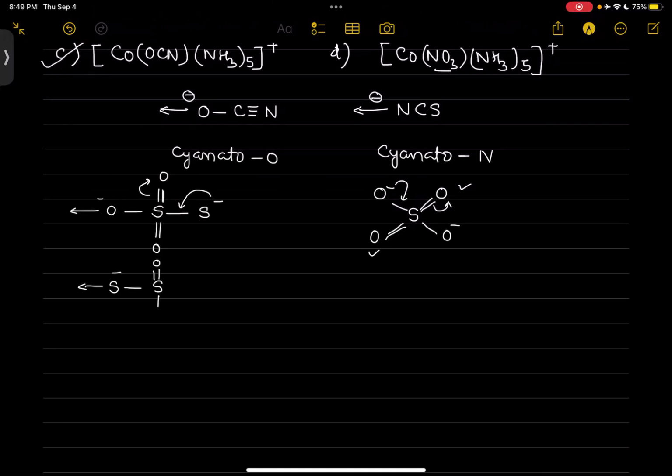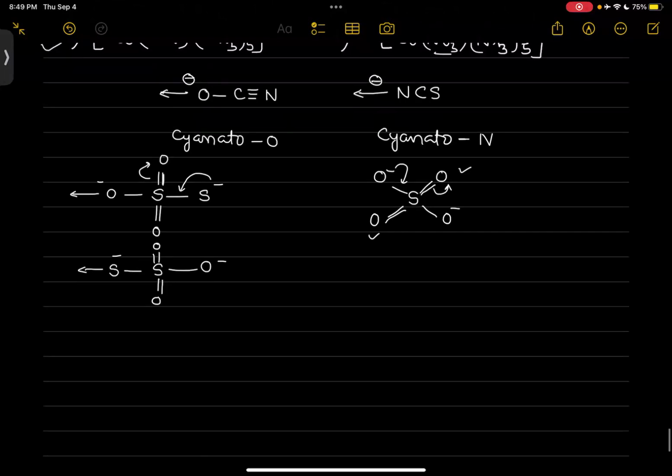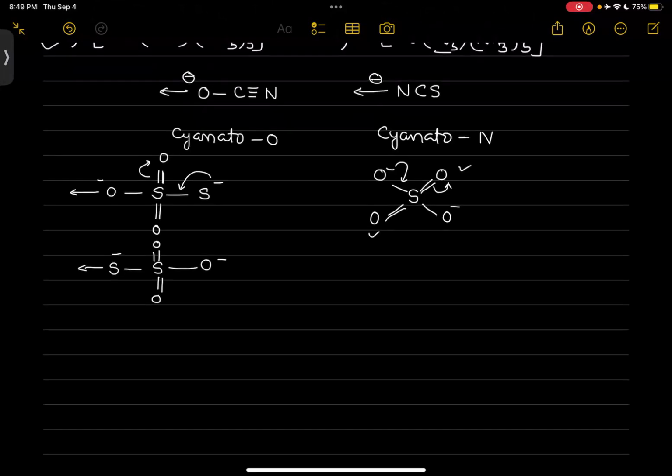So if there is only one option, assume thiosulfate will connect through sulfur only. But if it asks for detailed analysis, thiosulfate is also an ambidentate ligand, and there are two names for thiosulfato. The upper one is thiosulfato-O, and the lower one is thiosulfato-S.